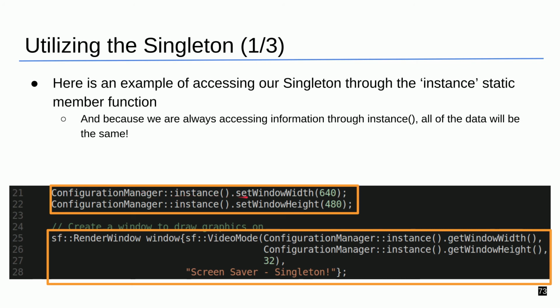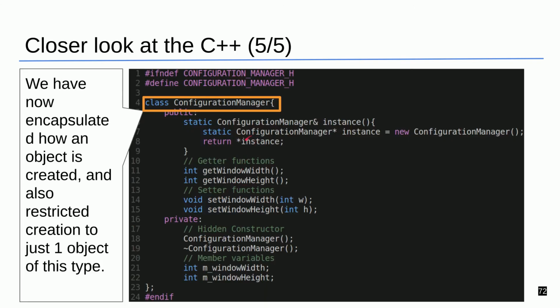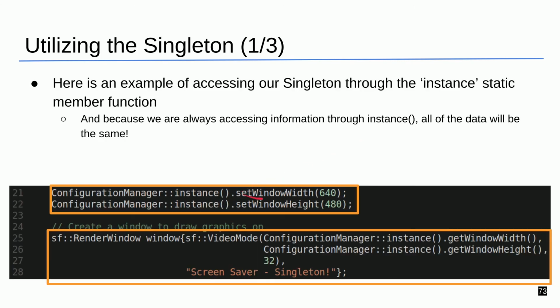Then I'm calling the function setWindowWidth. Instance here returns a pointer to the instance, the same one every time. So if I set the width and the height, I'm setting them on the same ConfigurationManager across our program. So it's essentially a global variable. Here's how I can use it to set my window width and window height.